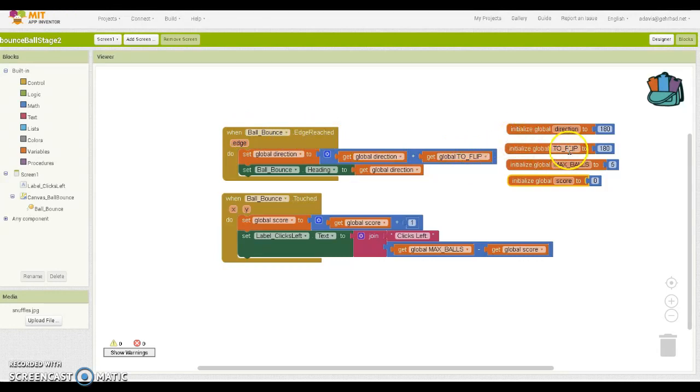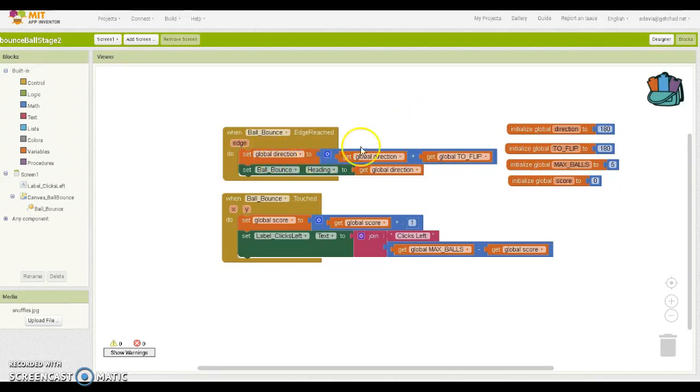To flip is a fixed variable because it's never going to change. I never reset this value. It is always 180. I never have to reset it. I do have to reset global direction, which makes that a most recent value.